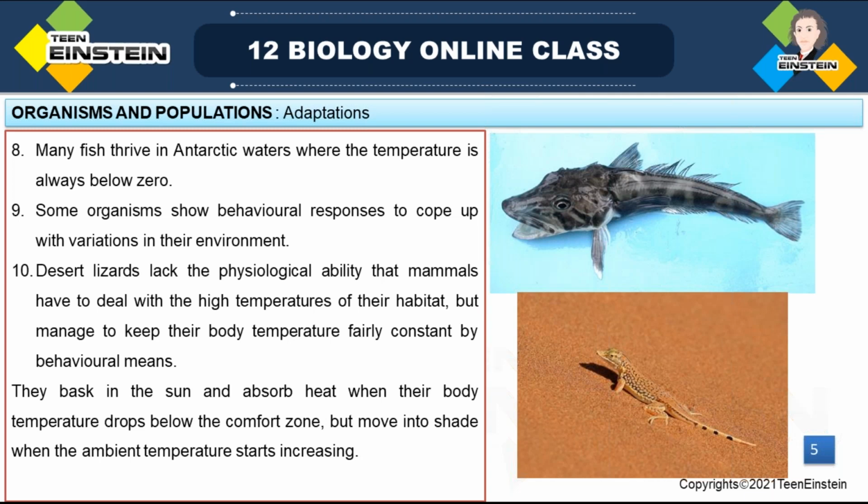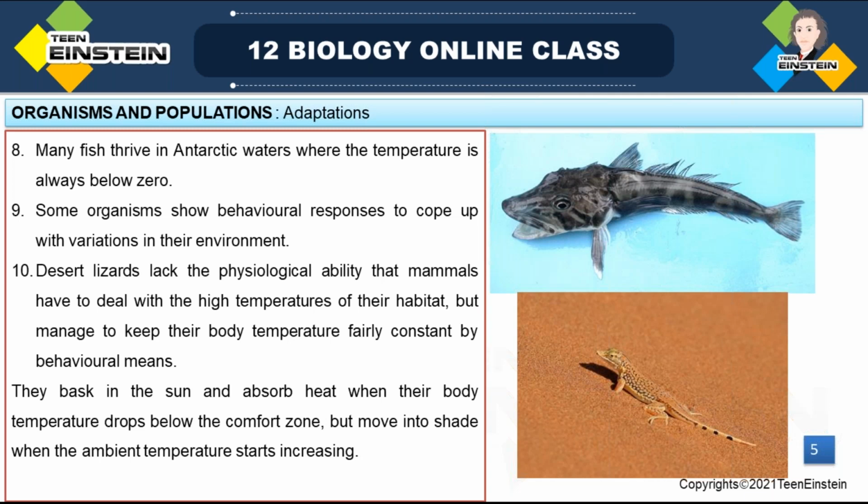When it reaches the comfort zone, they stop absorbing. But when the ambient temperature starts increasing, that moment they move into the shade and get adjusted with that.